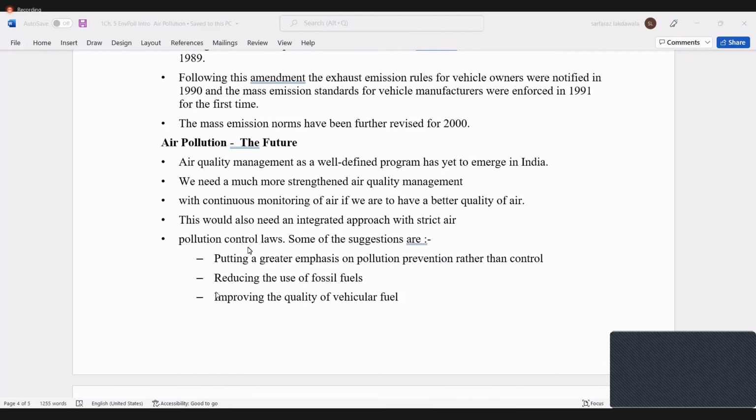This would also need an integrated approach with strict air pollution control laws. Strict in the sense that laws are there, they're good enough, but we need implementation and curbing of corruption.